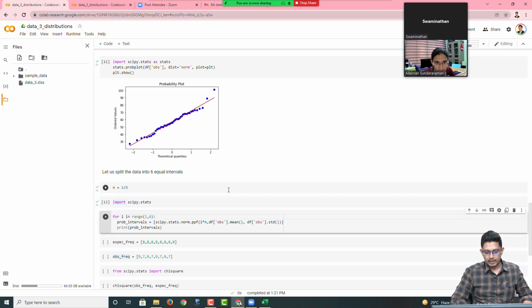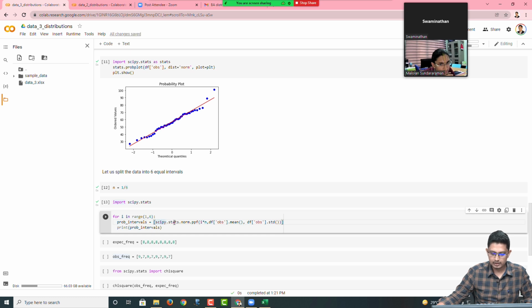Now what I'm doing is I'm using scipy.stats.norm.ppf. Remember, we calculated the Poisson probability using a similar function. Similarly, I'm using this for the normal distribution, where I have the number of classes, which is 6, and then the parameters of the normal distribution, which are nothing but mean and standard deviation.